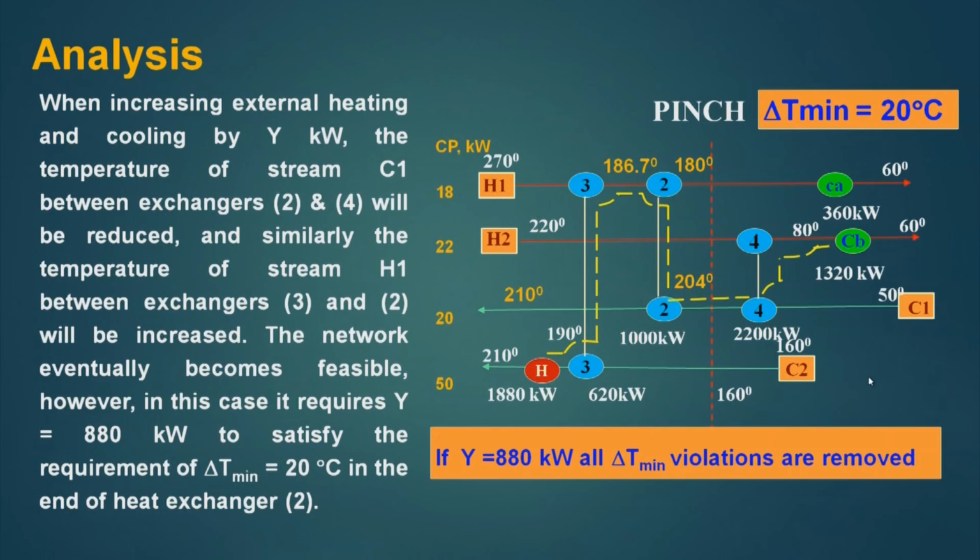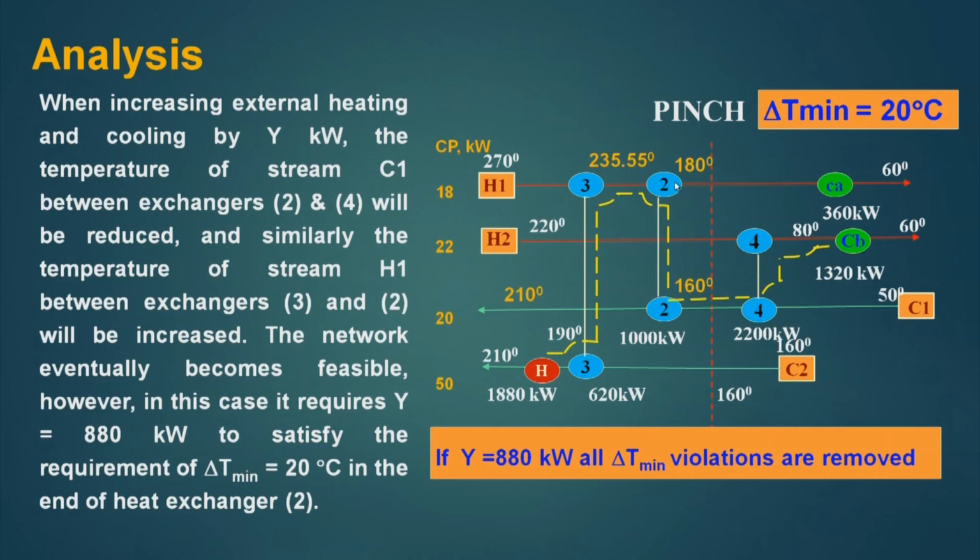And these temperatures will now change. This increases to 235.55 and this decreases to 160. So, here there is a temperature difference of 20 degree centigrade now, and here there is a temperature difference of about 25.55 degree centigrades now.